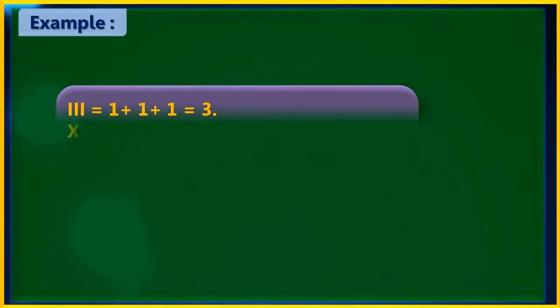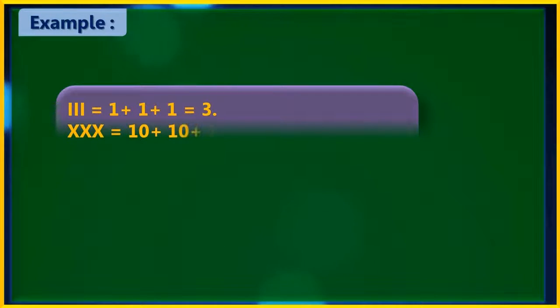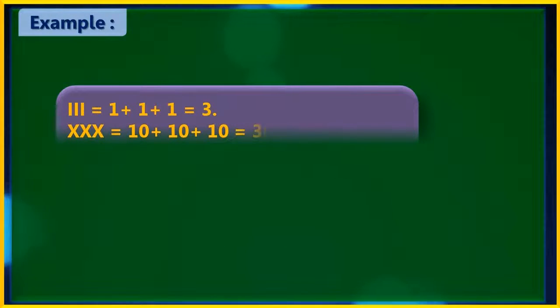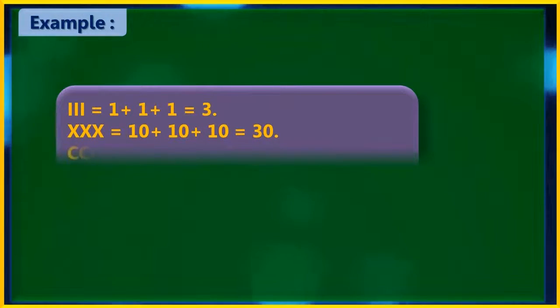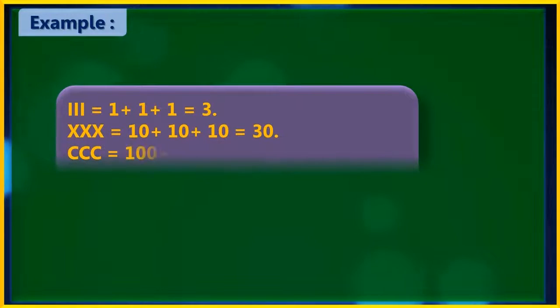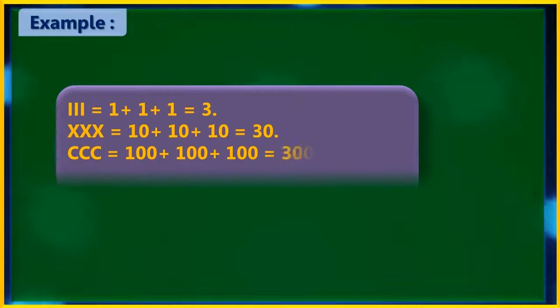Roman numeral XXX is equal to 10 plus 10 plus 10, which is equal to 30. Roman numeral CCC is equal to 100 plus 100 plus 100, which is equal to 300.